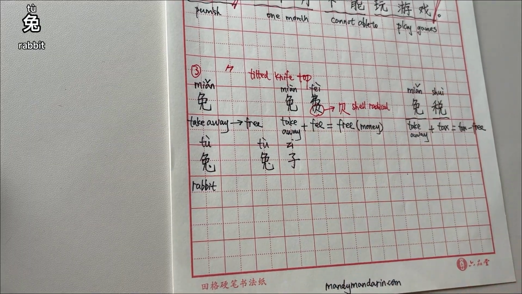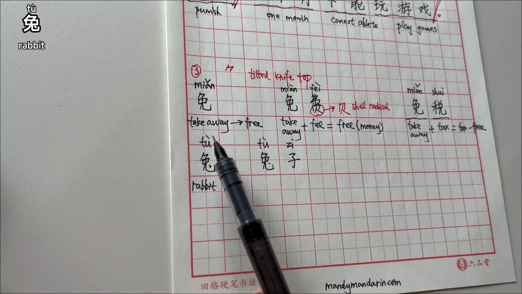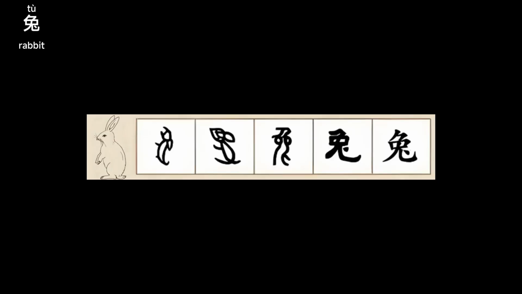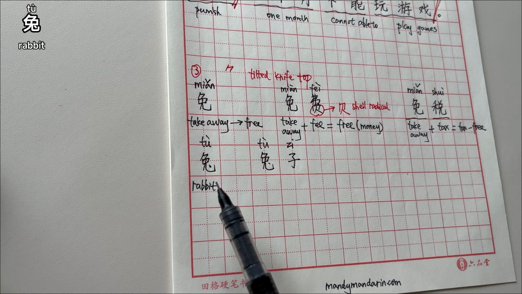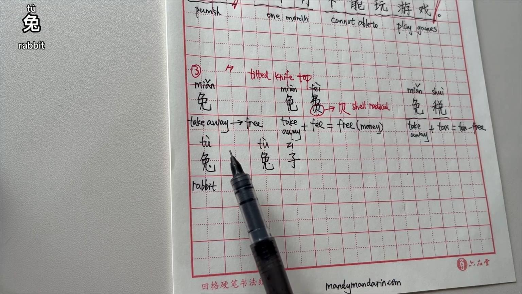Okay, so you might wonder why by adding one dot you turn the 免 into 兔. Well, here is the evolution for the character 兔. So obviously it evolved from the picture of a rabbit. So the 免 and the 兔 have two completely different origins. They evolved from different things, but somehow, after thousands of years of evolution, now they look very similar, but actually they evolved from different things.